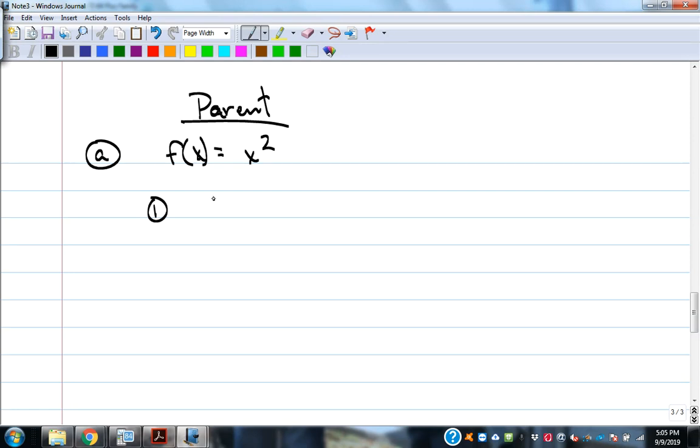Okay, if we wanted that to shift down 8 units, what would the equation be? Yeah, x squared minus 8. Good job.